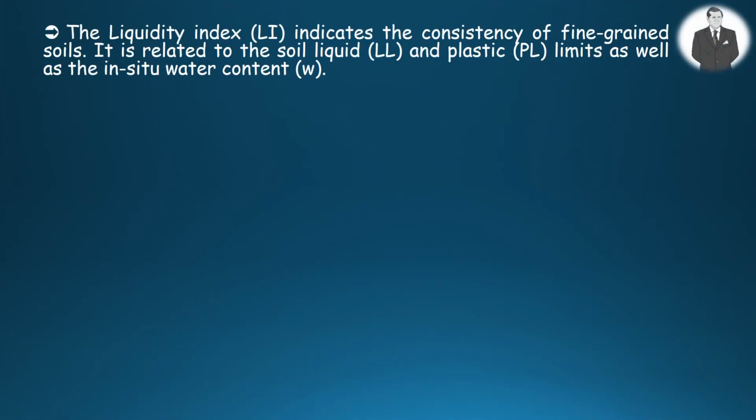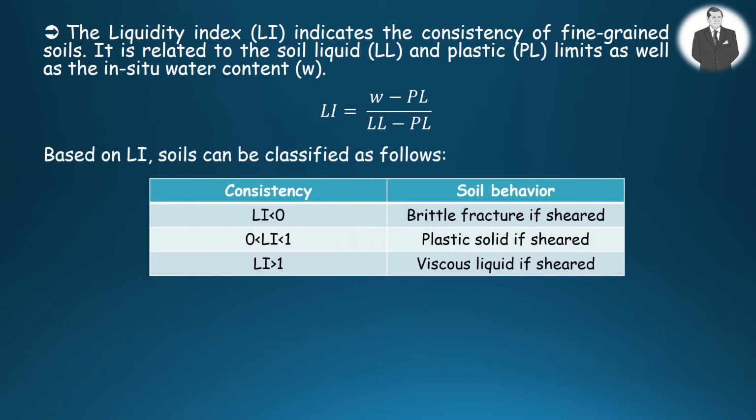The liquidity index is also used for soil classification. It shows the consistency of fine-grained soils. It is related to the soil liquid and plastic limits as well as the in situ water content. In the table here, you see the soil classification based on liquidity index.